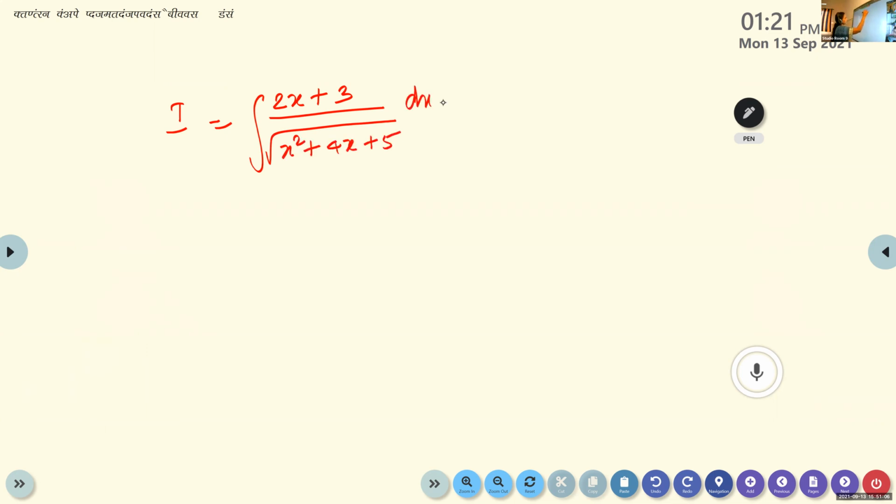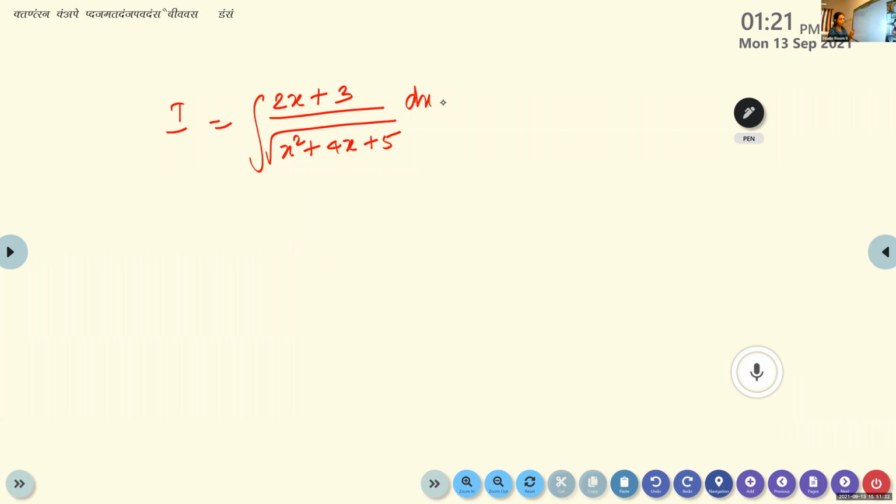Check whether we did this question. Once again, please check it, children. We tried this one? No. Okay. Integral of 2x plus 3 by root of x square plus 4x plus 5.